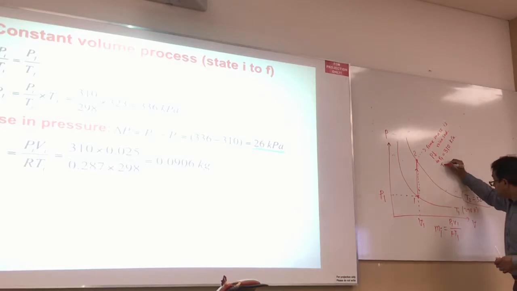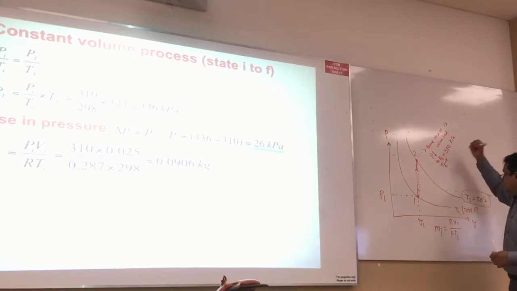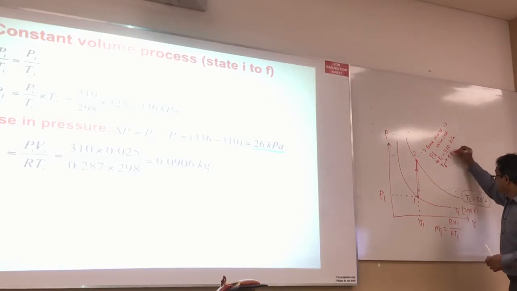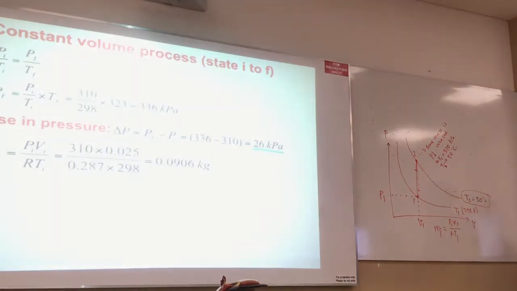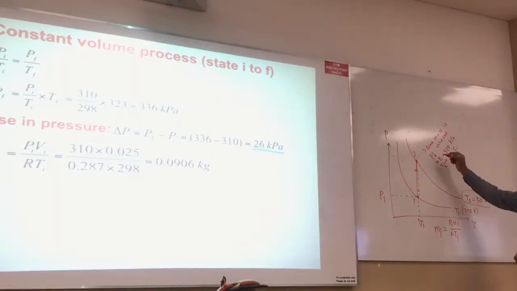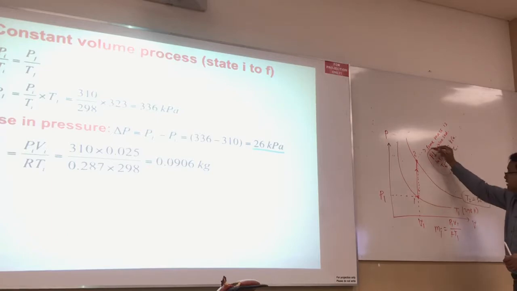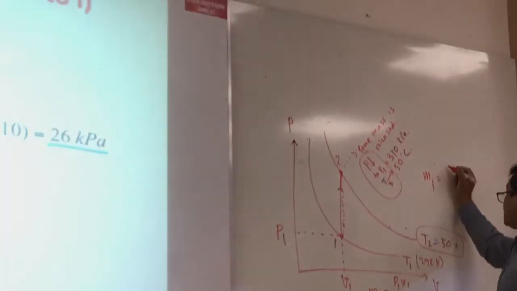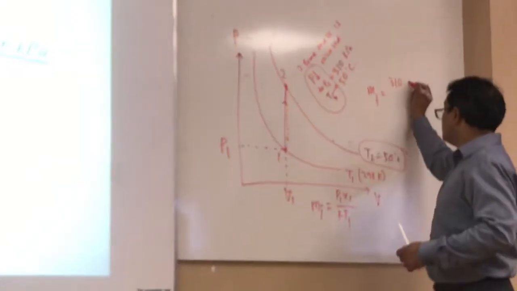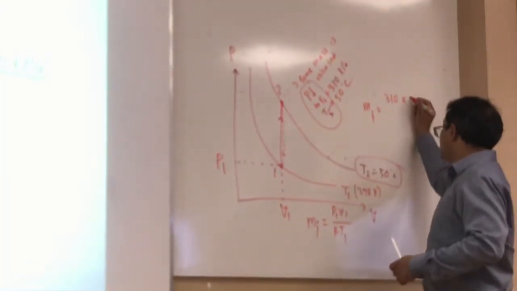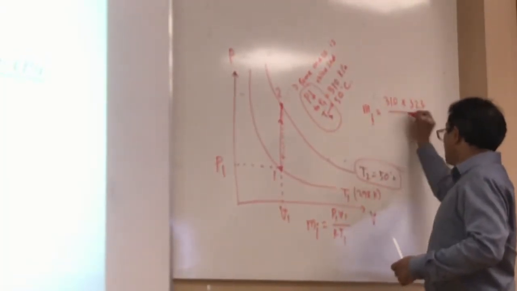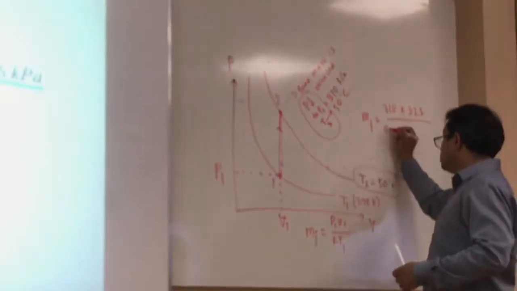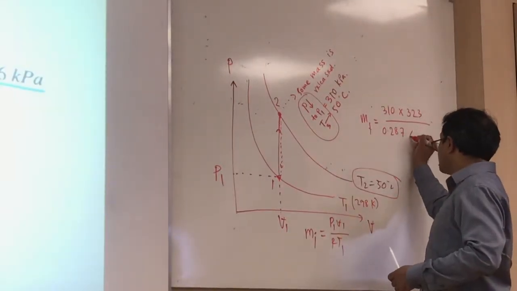This is state 3, another position. T2 is here, 50 degrees Celsius. So what is the mass of air at that position? Pressure is 310, temperature is 323, and R is 0.287 for air.